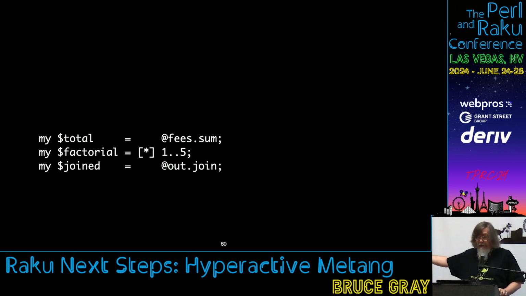If it's already in an array, then it's easy, fees.sum. But the precedence of reduction is rightward, the same as a subroutine call. So if I put square bracket, star, close square bracket, everything to the right of that is the stuff that gets multiplied. Sometimes I try it 2 ways and see what works best, what looks best, what reads best.